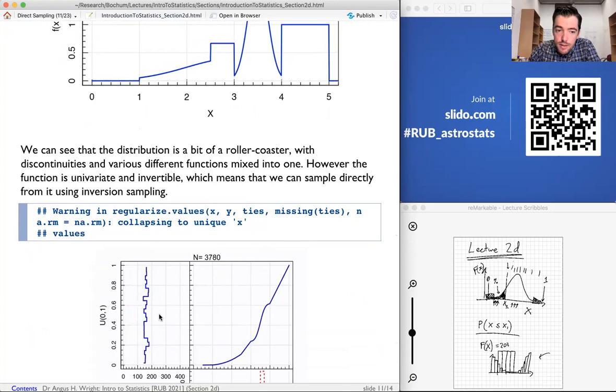And I want to calculate the value of uniform random 0, 1 observations on that inverse of the CDF. So for every uniform random value, I trace to here, and then I drop it down onto the x-axis. And that gives me my value x, my sample from the distribution I'm interested in.